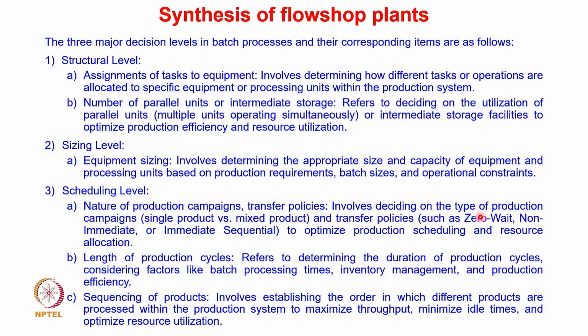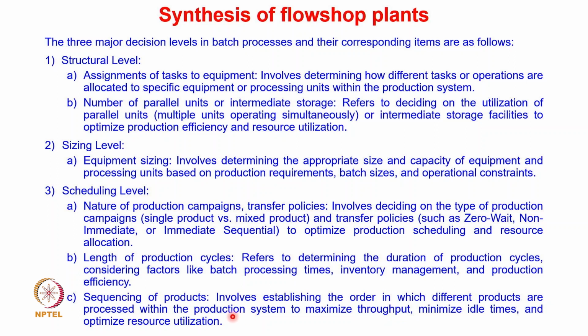All these transfer policies also have an impact on the schedules. All these policies are utilized in the problem formulation, and based on that we obtain the optimized schedule, which can use the resources in the most judicious manner. The next important aspect here is the length of the production cycle. Here we are trying to minimize the production cycle, considering factors like batch processing times, inventory management, and production efficiency.